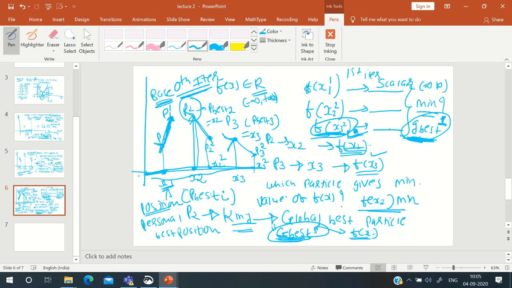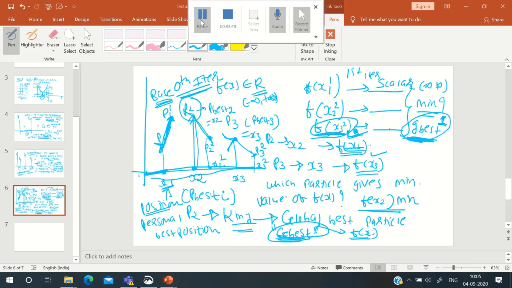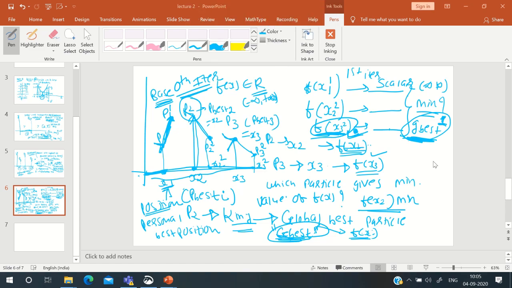right? So in every iteration the G best particle, the global best particle, may change, and also each particle will follow this global best particle. Later on we will see the equations. At present I am just introducing the concept.